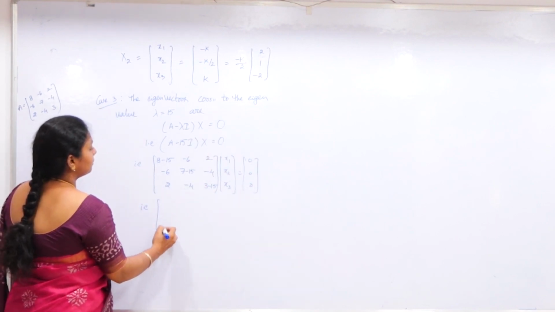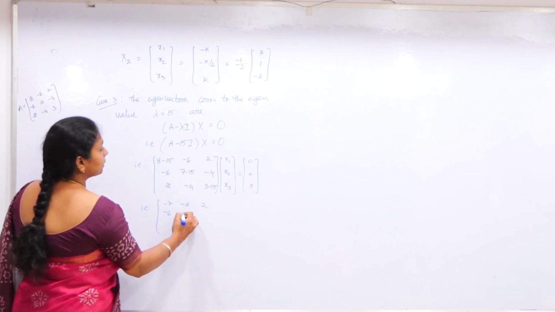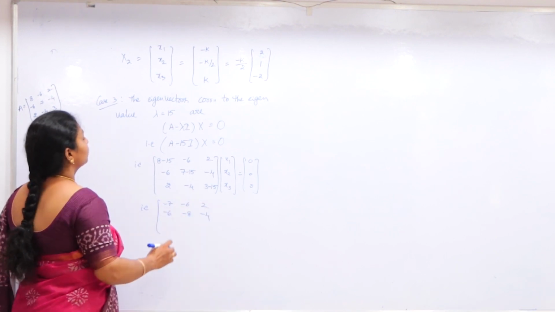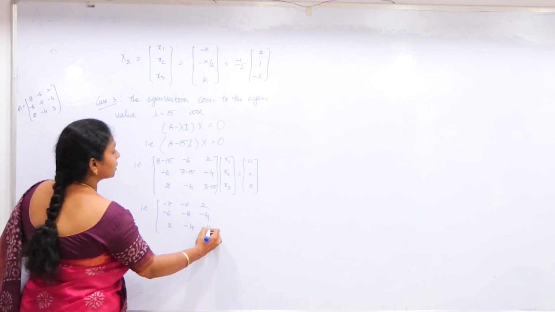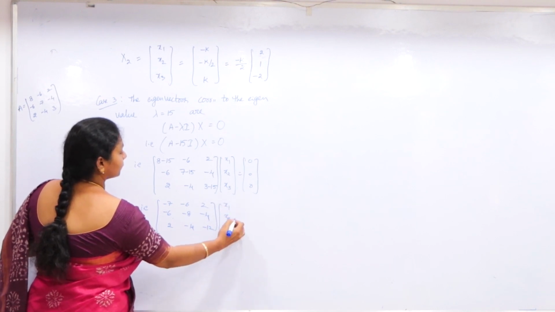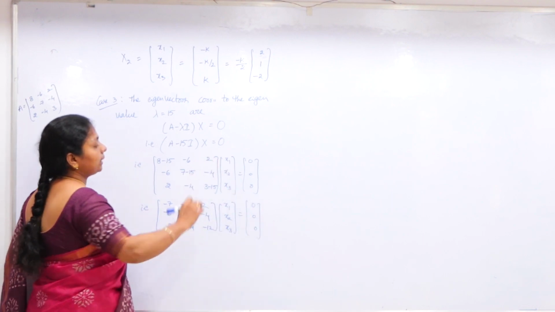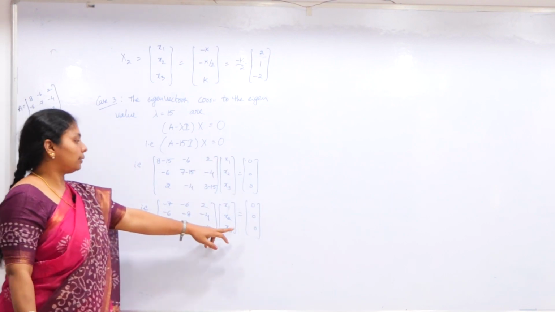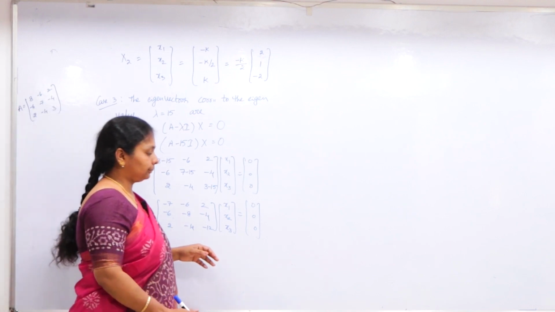So this matrix becomes minus 7, minus 6, 2; minus 6, minus 8, minus 4; 2, minus 4, minus 12, into scalar matrix x1, x2, x3, equal to null matrix 0, 0, 0. Next, change this matrix into echelon form.